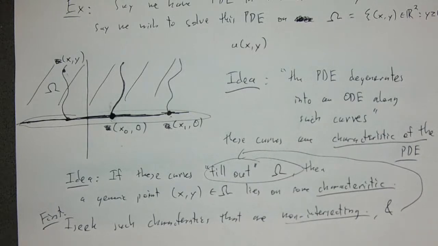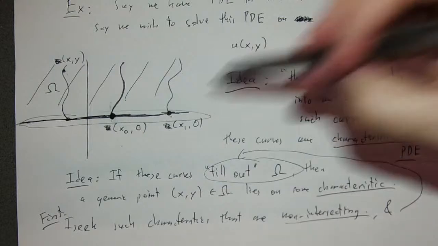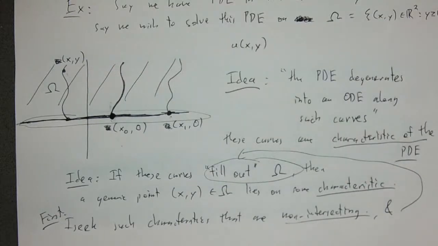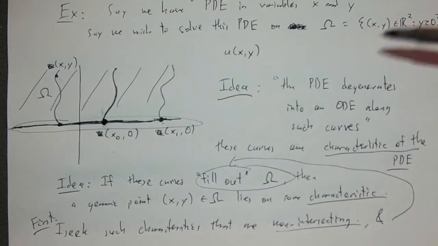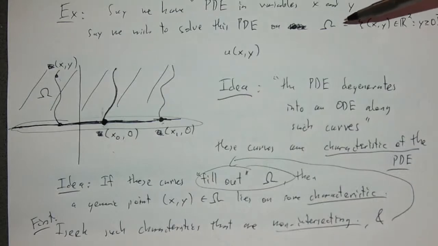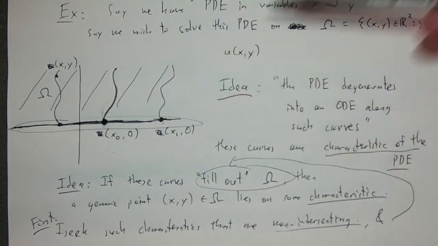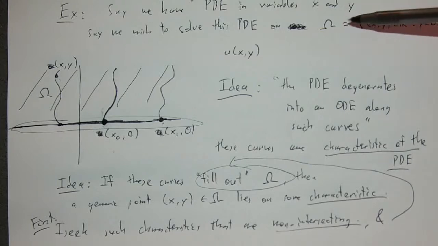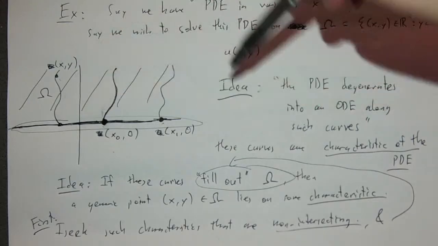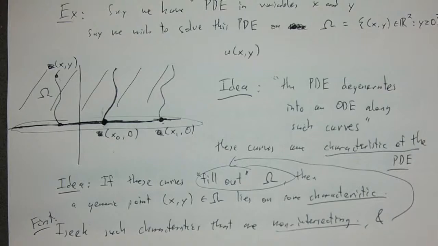But actually, we could specify this data on a curve in the upper half plane. In fact, in general, as long as we're specifying it on some subset of the closure of omega, omega plus boundary, like we have here, say some curve in the upper half plane, as long as we do this in a way that basically fills out omega, then we're happy.